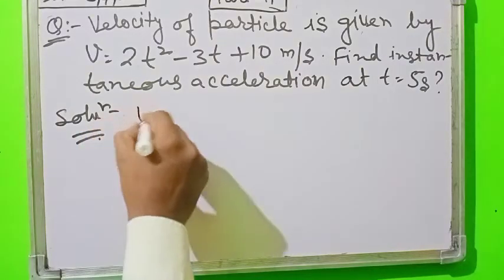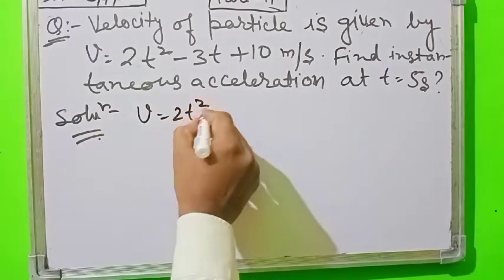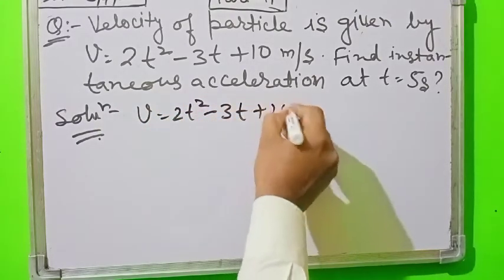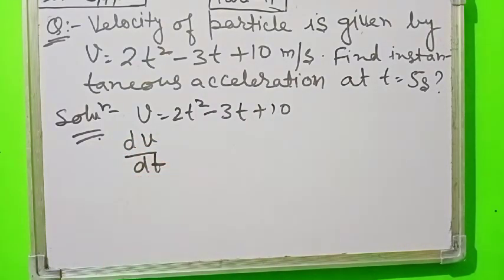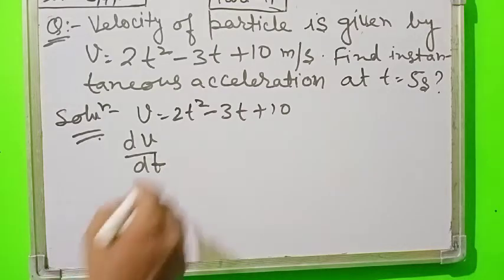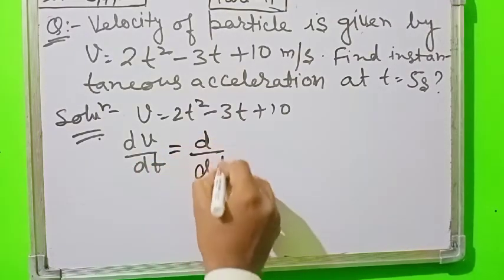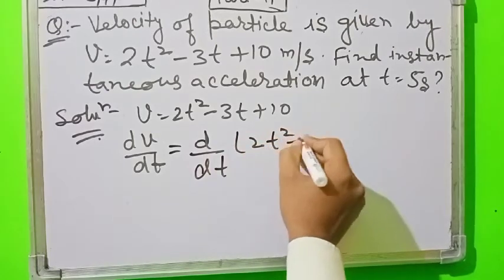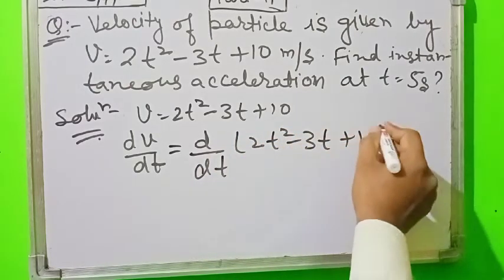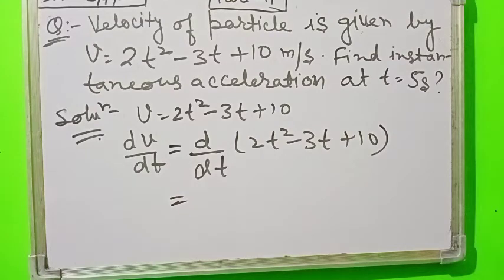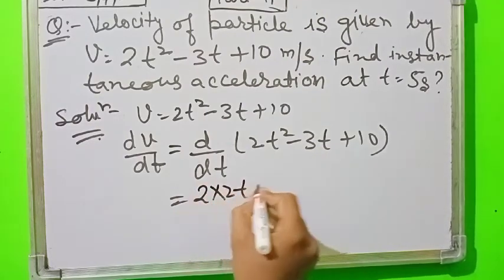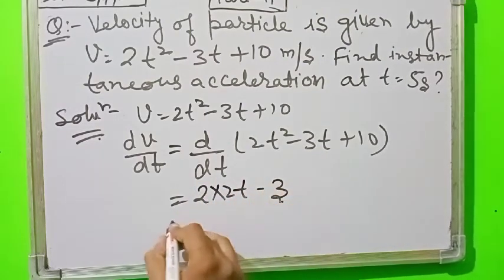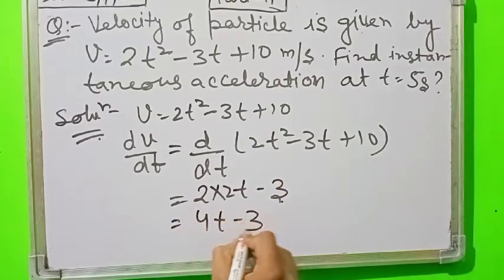So v is equal to 2t square minus 3t plus 10. So dv upon dt, you had studied that instantaneous acceleration is dv upon dt, it is equal to d upon dt of 2t square minus 3t plus 10, and by applying the formula for differentiation, it will be 2 into 2t minus 3, and it is equal to 4t minus 3.